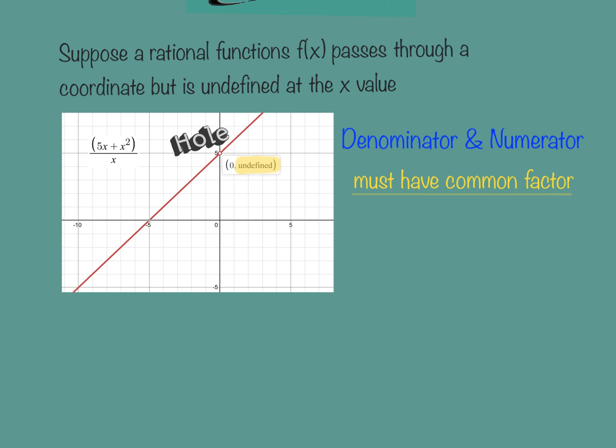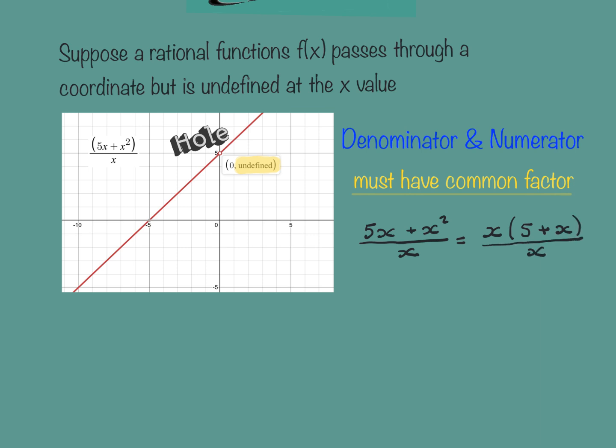And so you might say that my function, which is f(x) equals 5x plus x squared over x, does not look as if it's got a common factor. That's okay. We can rearrange this equation. If I factorize the numerator and take the x out, I would have (5 plus x) over x.